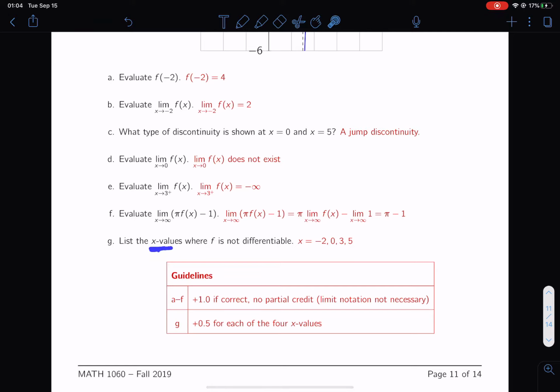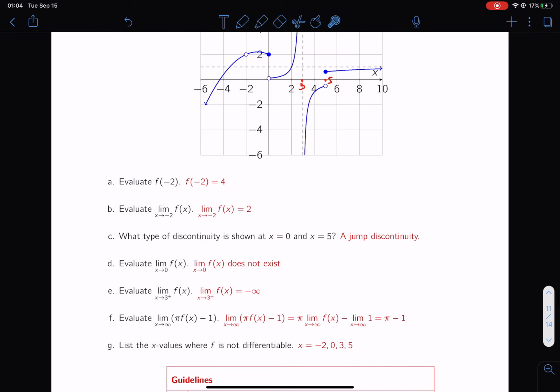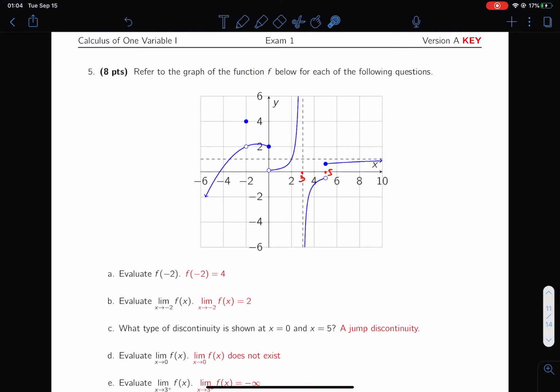List the x values where the function is not differentiable. When the function is not differentiable, this is not the last question. We have one more question. Okay. So the first one, you can see this is smooth and continuous until this one. This is a jump.